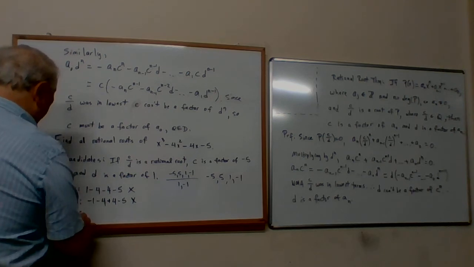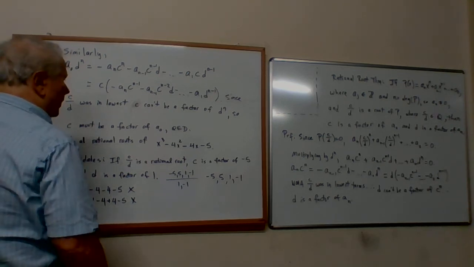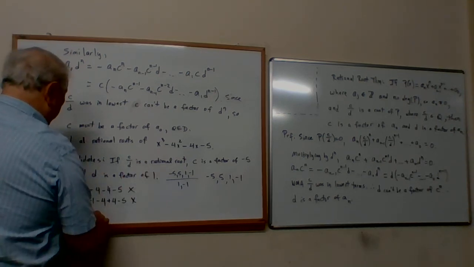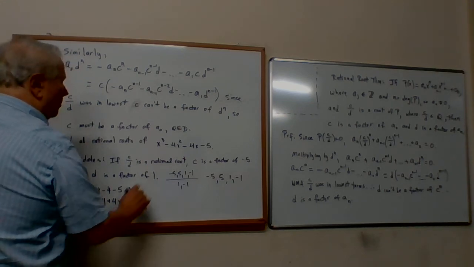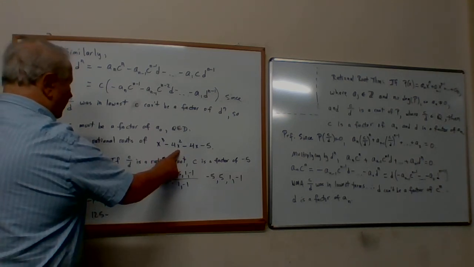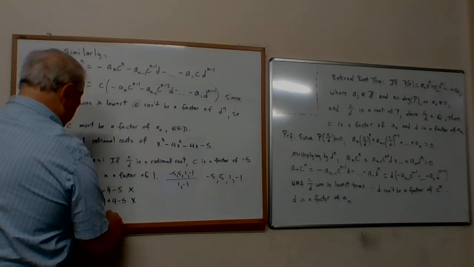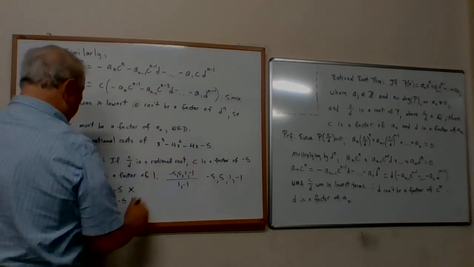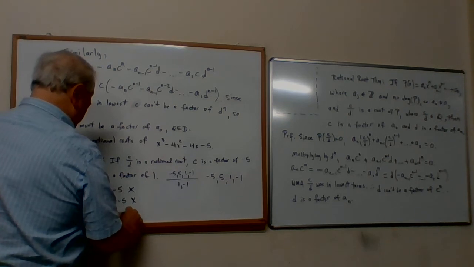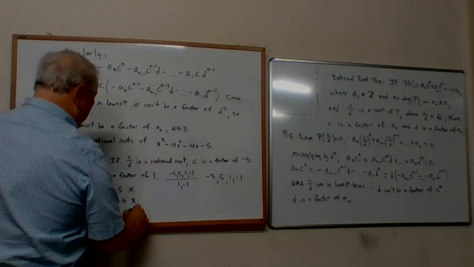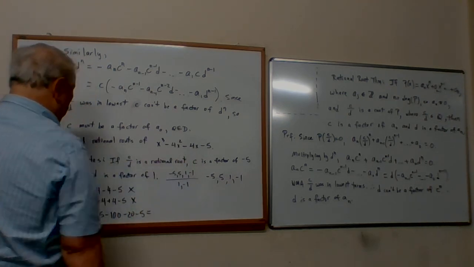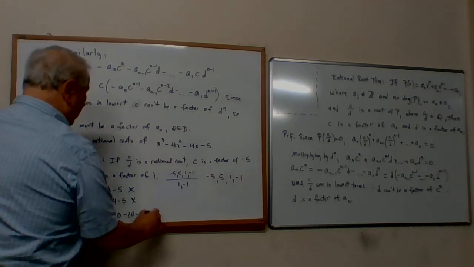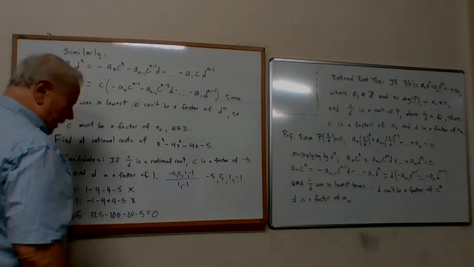If I try 5, then I get 125 minus 4 times 5 squared, which is 100, minus 4 times 5, which is 20, minus 5, which lo and behold is 0. So 5 is a root.